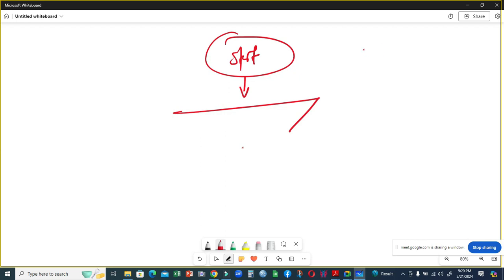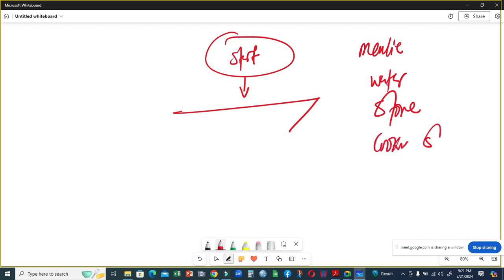Remember, if at all we have mealie meal, water, then we have a stove, and a cooking stick, of course. So, under parallelogram, you just need to list things that you are supposed to have, which is mealie meal, water, stove, cooking stick.